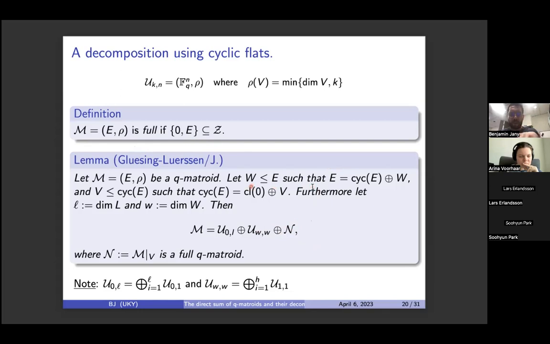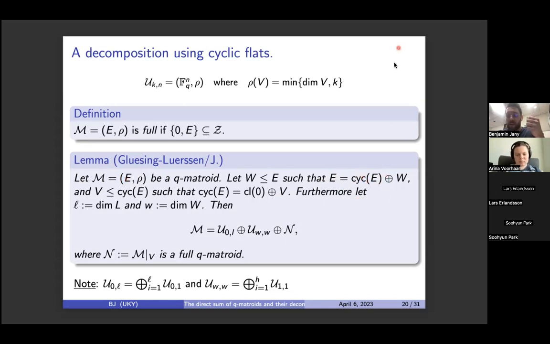So let me be more precise here. What is this free part? To find this free part, what we do is start with the ground space of our q-matroid, E, and then take the cyclic core of E. The cyclic core of E is going to be the sum of all circuits of the q-matroid.